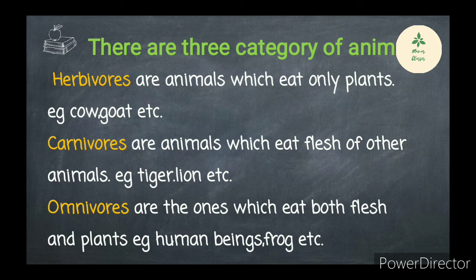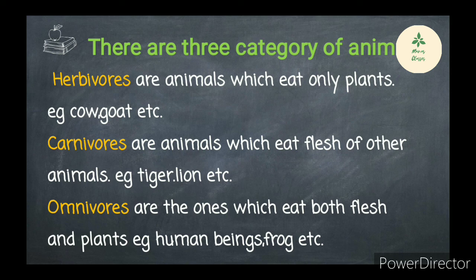Now the last point of the chapter, which is a very important point. I already told you, there are three categories of animals. The first one is herbivores.